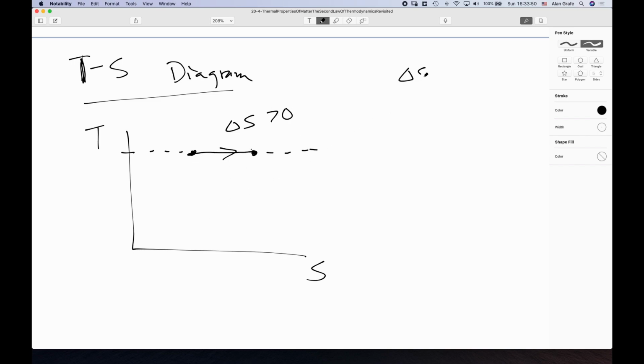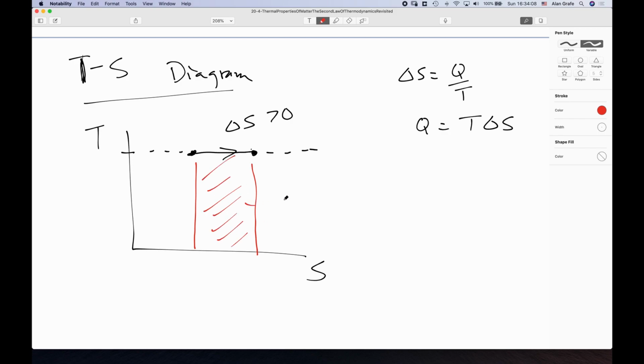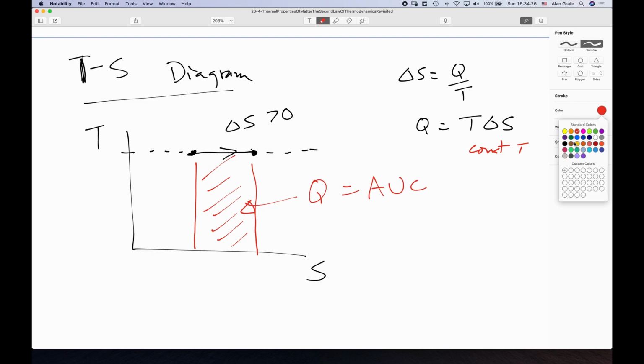And since delta S is equal to Q over T for an isothermal process, Q will be equal to T delta S. So that means here that we'll have a positive heat transfer in this process that's equal to the area under the curve, because again, height T, width delta S. So this is for constant T. And again, we've got the same deal here.